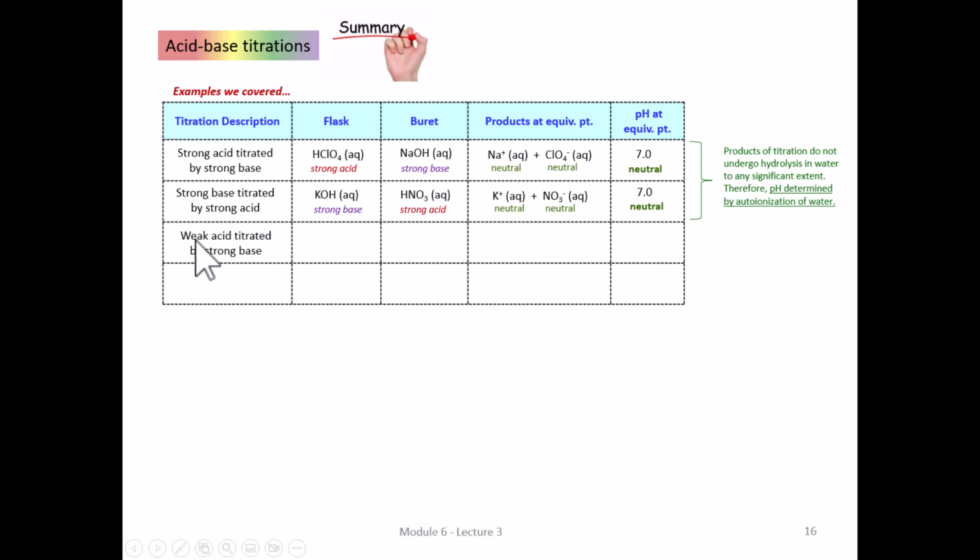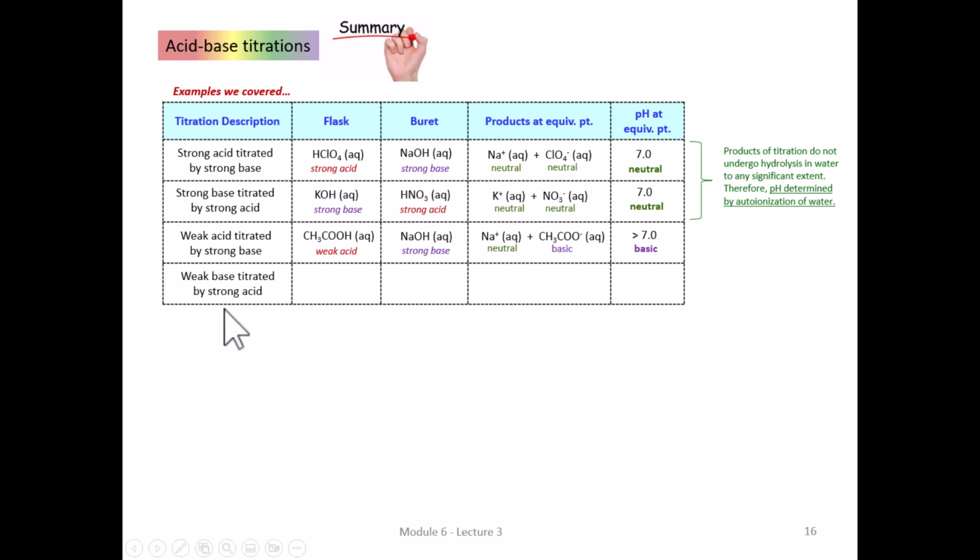If instead we had a weak acid being titrated by a strong base, and in our example the weak acid was acetic acid, titrated by the strong base sodium hydroxide, the products at the equivalence point were sodium ion and acetate ion. Sodium ion was neutral. Acetate ion, on the other hand, was basic, and so we had a pH of greater than 7 at the equivalence point.